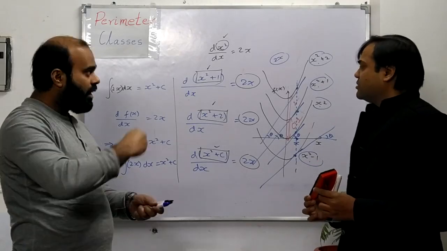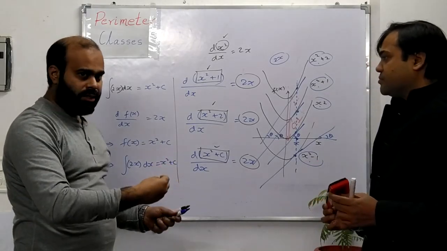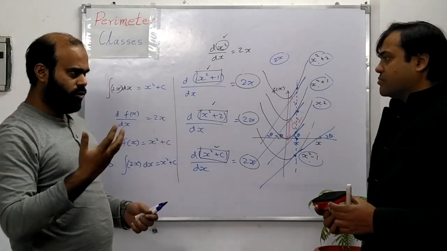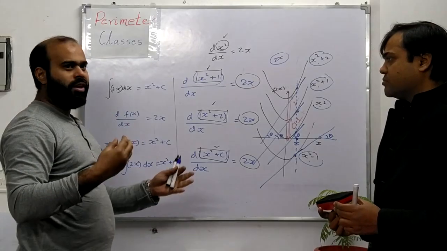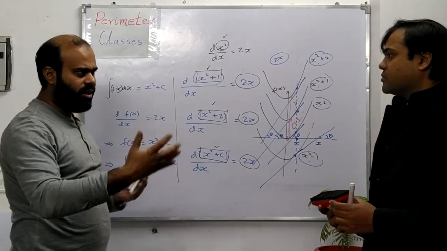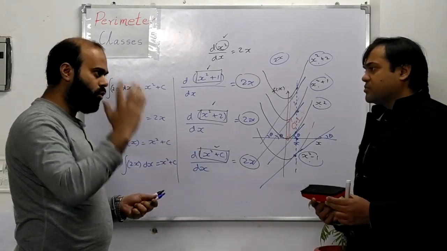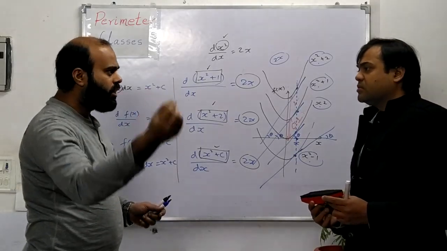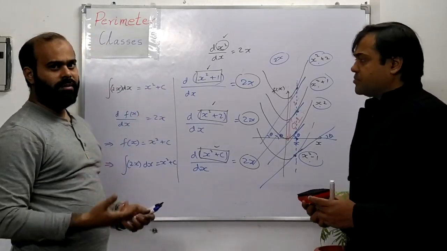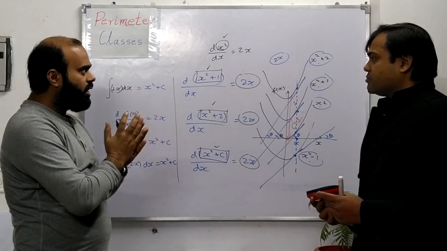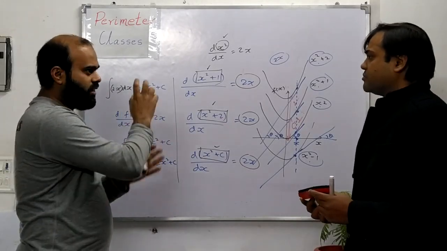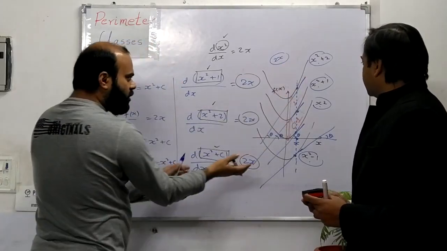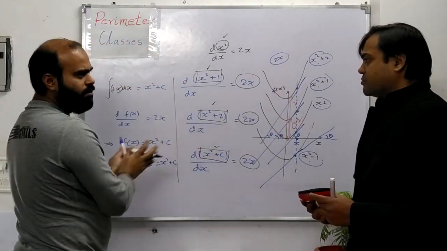In physics also you get many such situations where you have been given a relation and you have to find a value at t equal to 3 seconds, at a given time. In that situation, it helps us to find the value of c, because each of these curves is the same under differentiation.